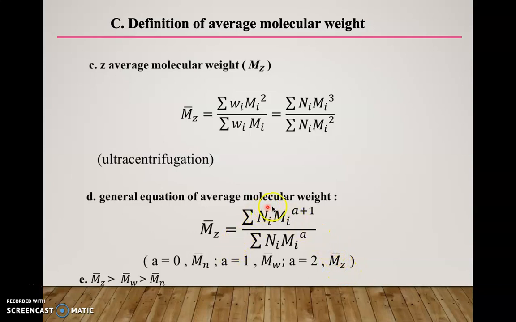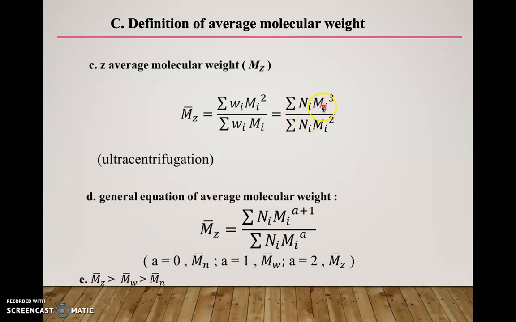So in terms of this way of writing the three, Mz, Mw and Mn, we find that Mn is the lowest value, then we have Mw, then we have Mz, because in Mz we have the cube, in Mw we have the square, and in Mn it is simply Ni times Mi.